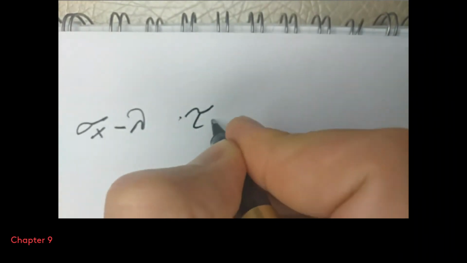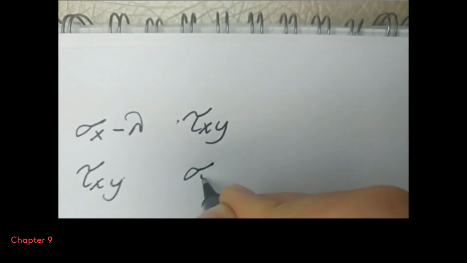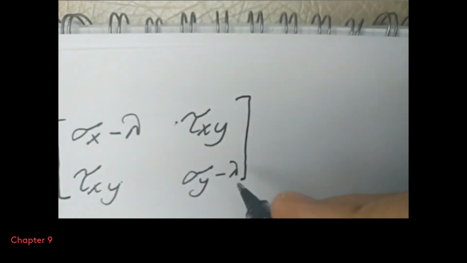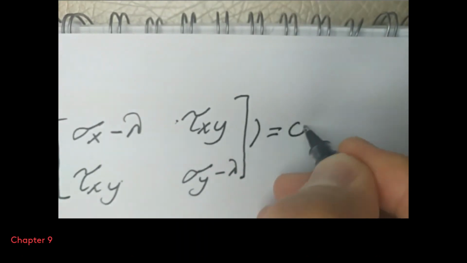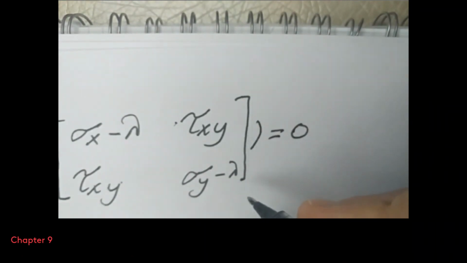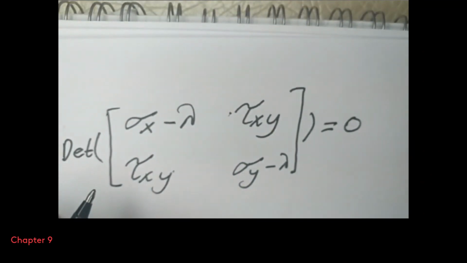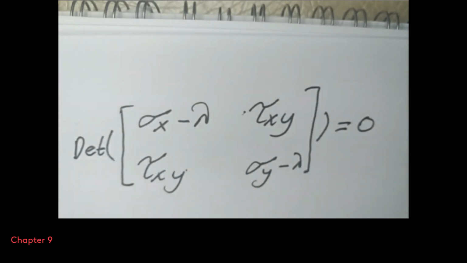So for the plane stress case, you have sigma x minus lambda, tau xy, tau xy, sigma y minus lambda, and the determinant of this matrix has to be equal to 0, and the roots of the characteristic equation will give us the eigenstresses, or principal stresses, in other words.